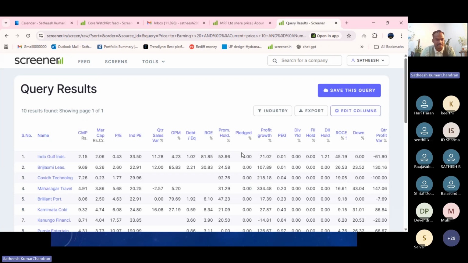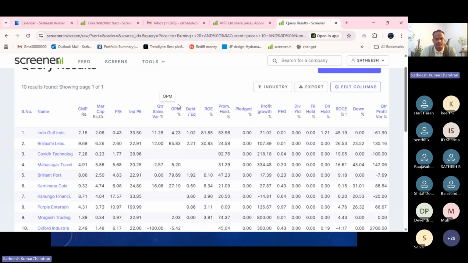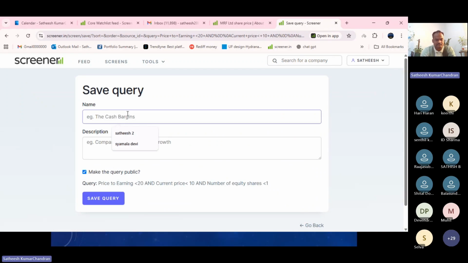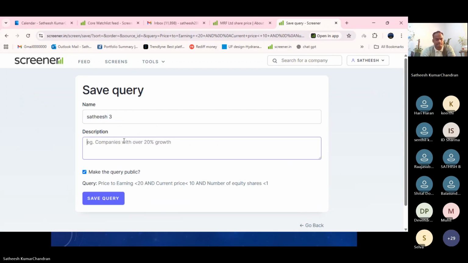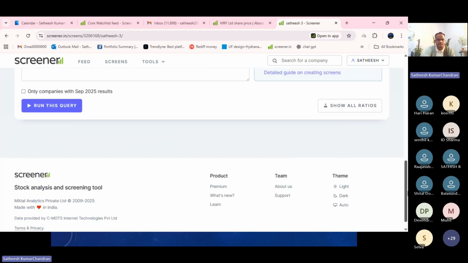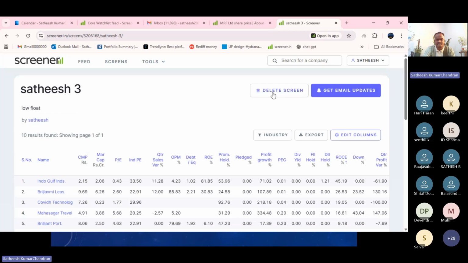So it is coming. So accordingly we can select it and save this. Like for example, Satish stocks 3, low float, like that. It is saved. Now we can delete the screen also.